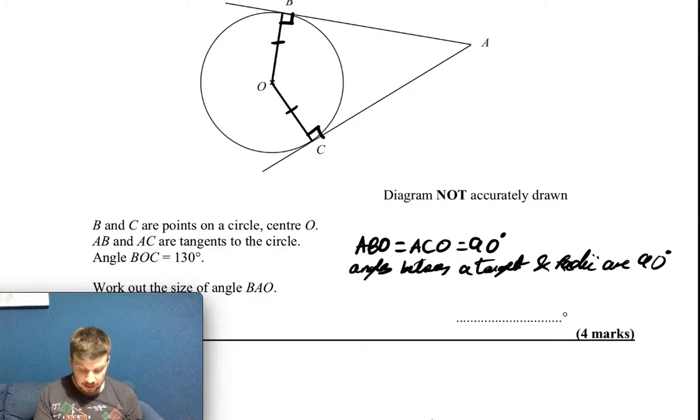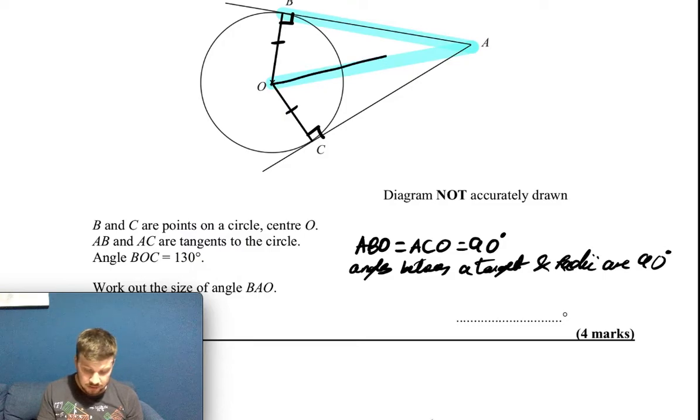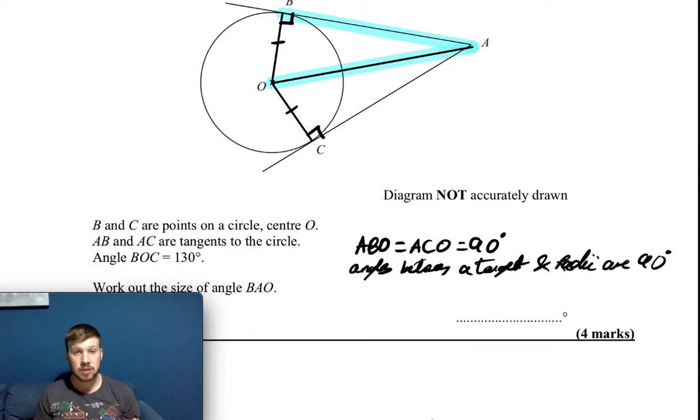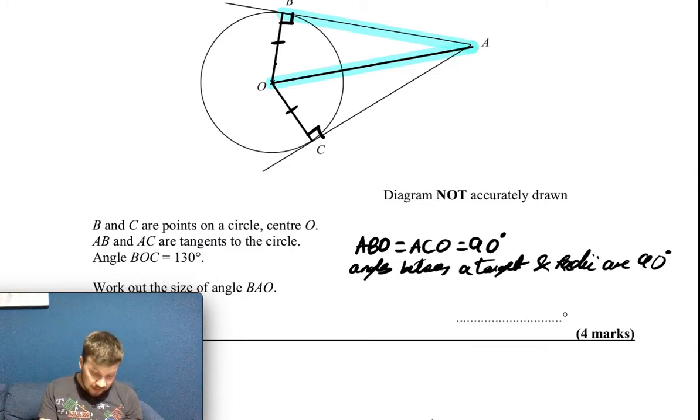So BAO looks like this. Hopefully you can see the line from O to A is going to split this larger quadrilateral in half. If this is 130, that should mean that this angle here, which is in red, is going to be half of 130, which is 65.